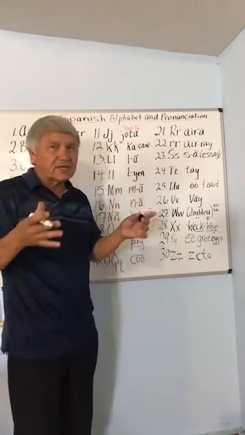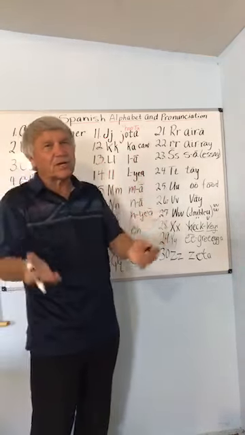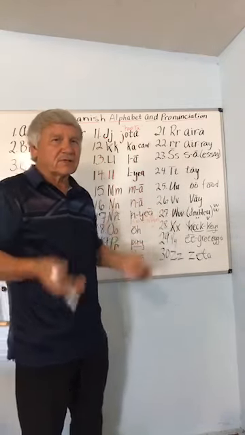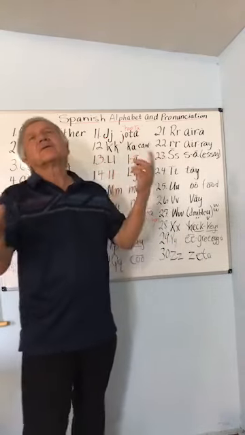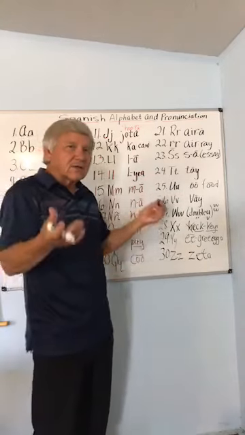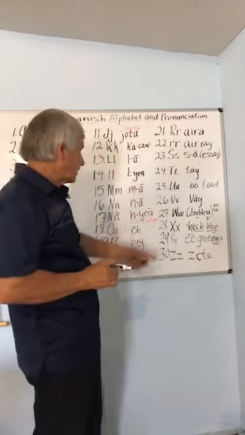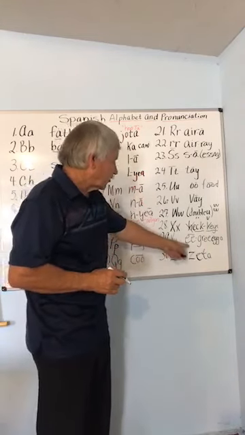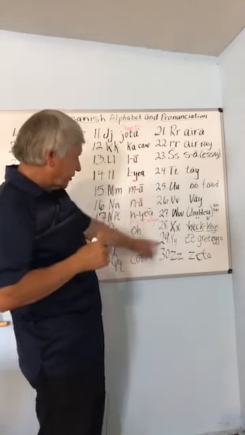But then you have 29. See, once you get to 22, you just keep adding 1. 21, 22, 23, 24, 25, 26, 27, 28. Now we're at 29. And this one is the hardest probably of all.